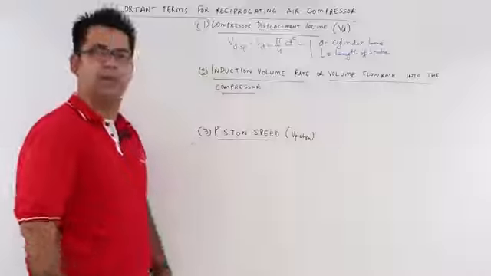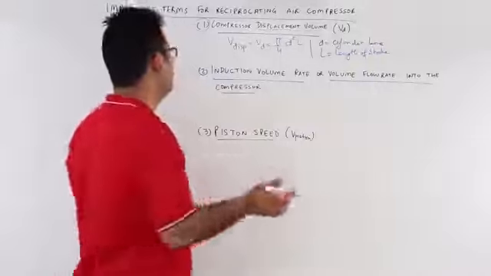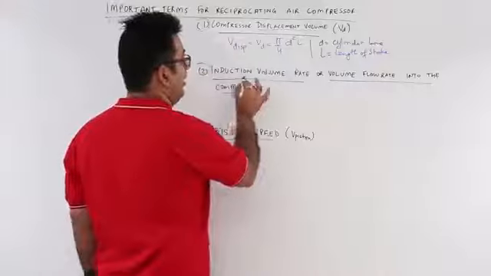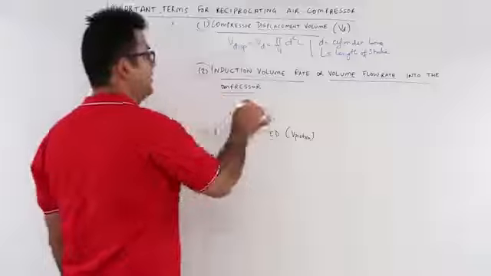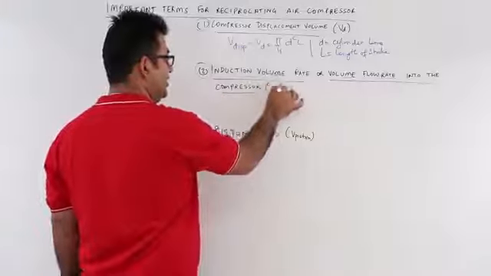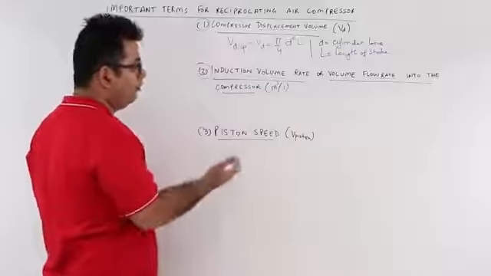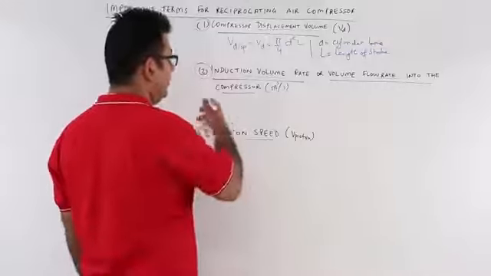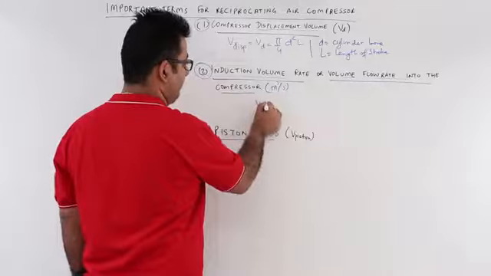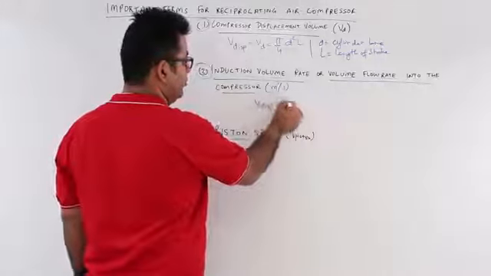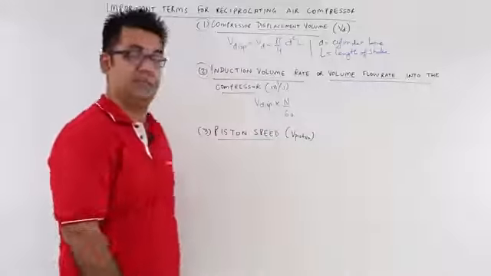The second very important term that you should know about is the induction volume rate, also known as the volume flow rate into the compressor, and the unit to express this is meter cube per second. The volume flow rate, or induction volume rate, is equal to the displacement volume into the number of revolutions per second, that is RPM by 60.